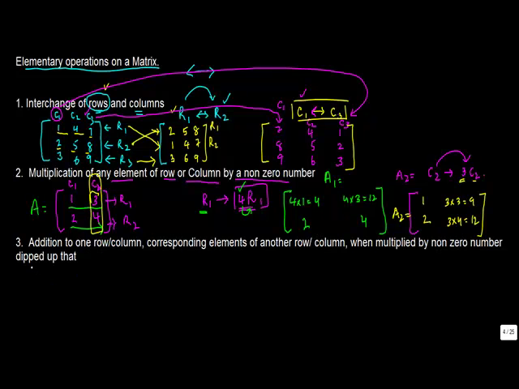Okay, now let's see the third operation. Addition to one row or column of the corresponding elements of another row.